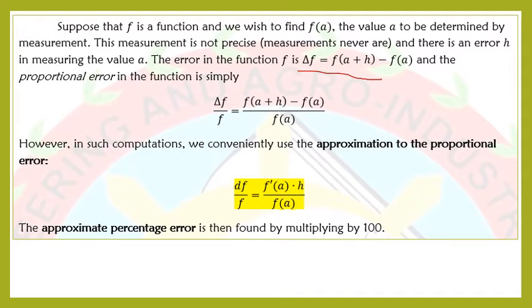And the proportional error in this function is simply delta f over f equals f of a plus h minus f of a, divided by f of a. However, in such computations, we conveniently use the approximation to the proportional error, that is df over f equals f prime of a times h over f of a. So the approximate percentage error is then found by multiplying by 100.